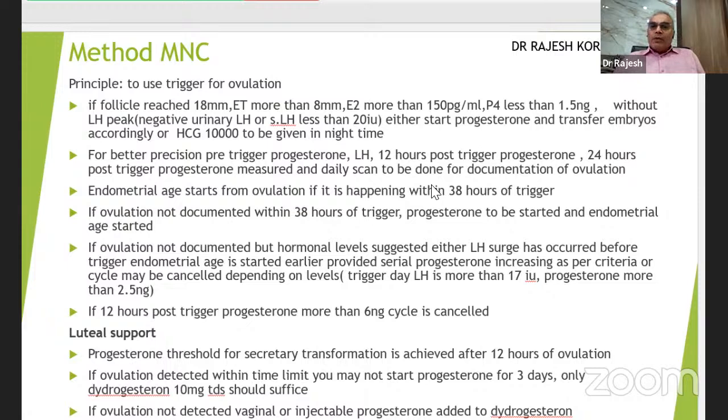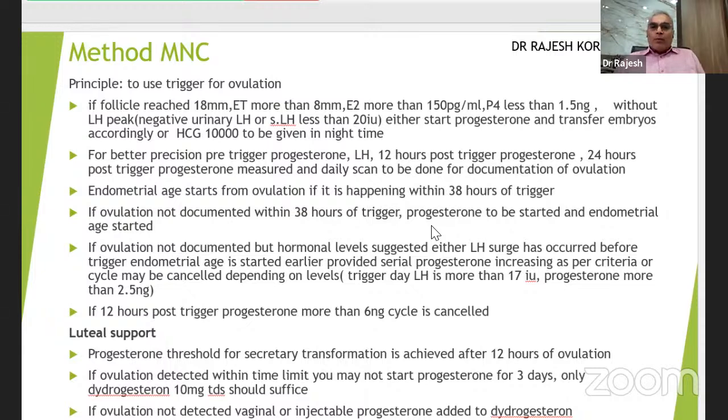pre-trigger progesterone and LH, 12 hours post-trigger progesterone, and 24 hours post-trigger progesterone are measured, and a daily scan is done to document the ovulation. The endometrial age starts from the ovulation if it is happening within 38 hours of trigger. If the ovulation is not documented within 38 hours of trigger, progesterone is to be started and the endometrial age started.